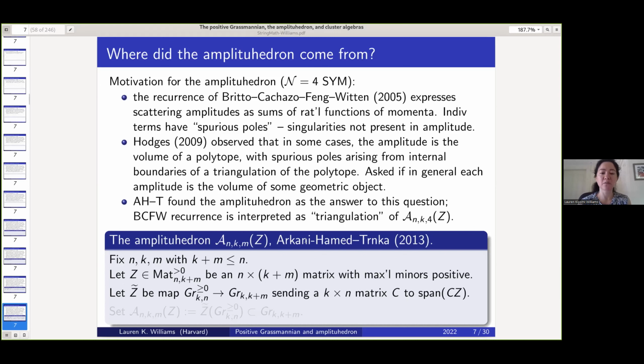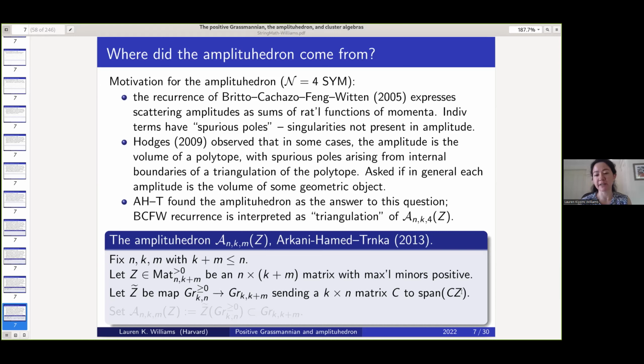Okay, and now we're going to define a map Z tilde. It's going to be a map from the positive Grassmannian of k-planes in n-space to a related Grassmannian of k-planes in (k plus m)-space. And this map is simply induced by matrix multiplication. So if I have an element in this positive Grassmannian, Gr_{k,n}, that element can be represented by a k by n matrix C. I just take C and multiply it by Z. I now have a k by (k plus m) matrix.